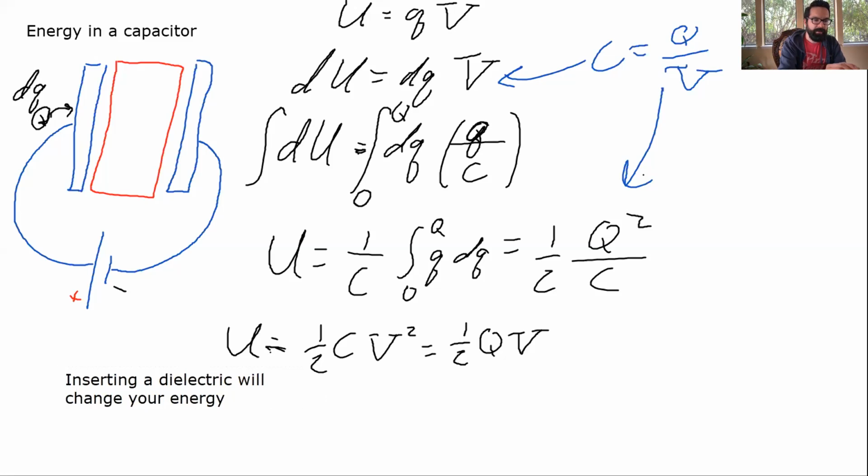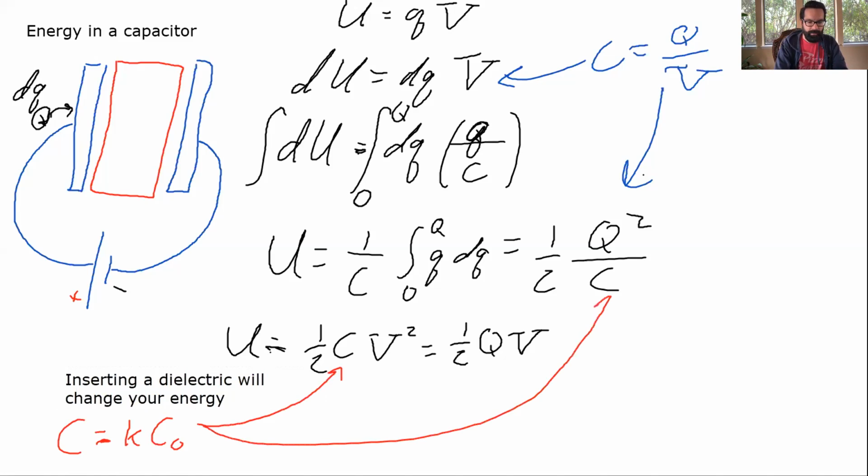Because your capacitance C equals KC0. So anywhere you see a C, that's going to change it. It does change Q also, right? It changes Q and it changes V, but I'm going to talk about that because we have a different situation here.